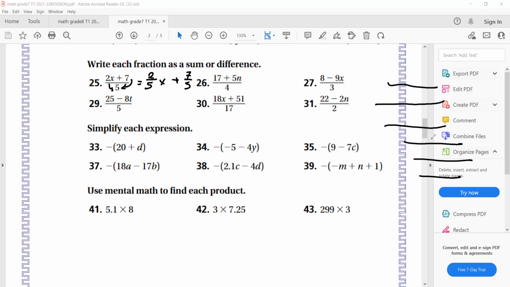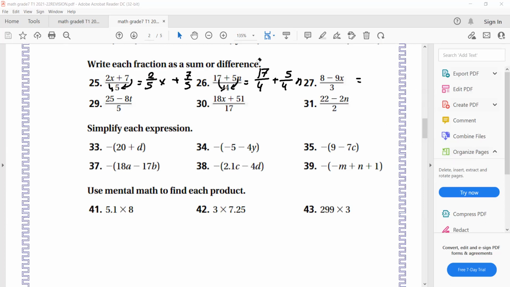Yeah. Okay, 17 over 4 plus 5n over 4, 17 over 4 plus 5 over 4n. No simplify here: 5 and 4, no simplify; 17 and 4, no simplify. And here it will be 8 over 3 minus 9 over 3x.